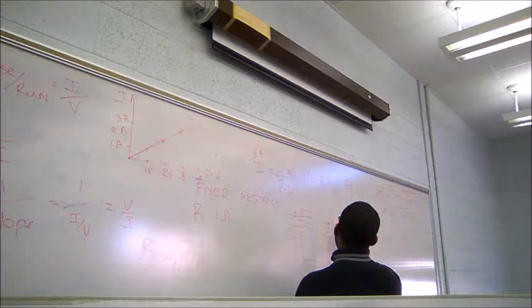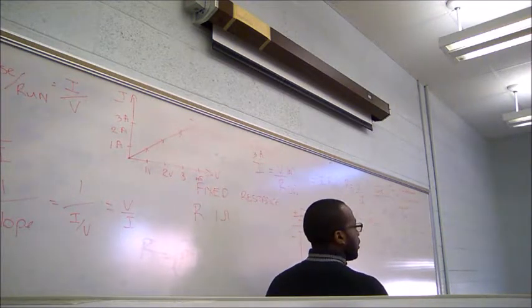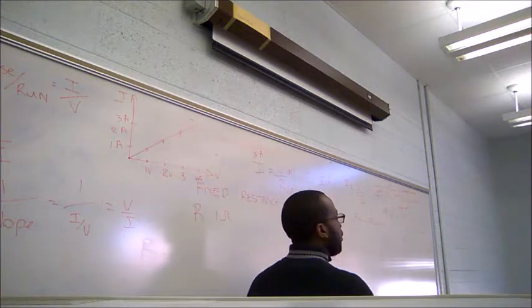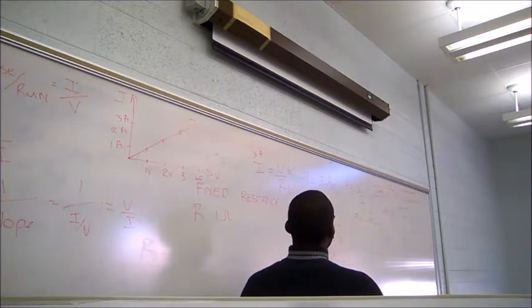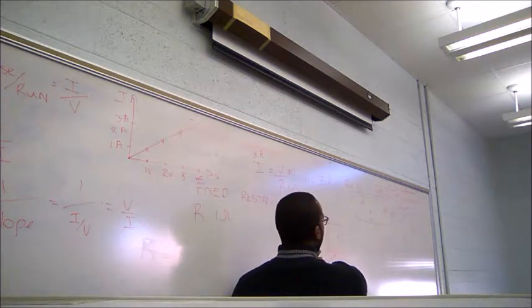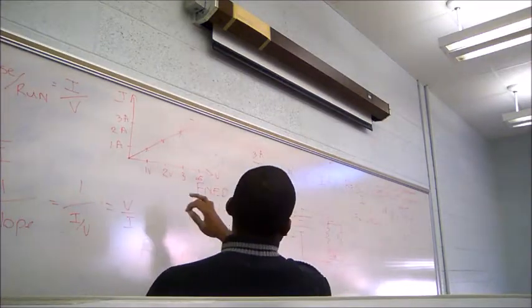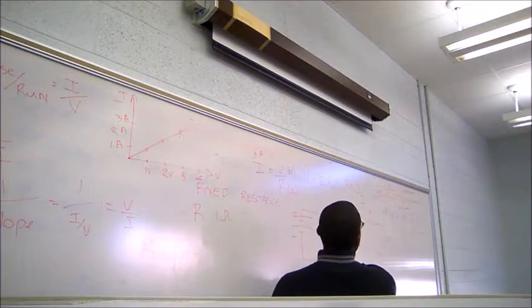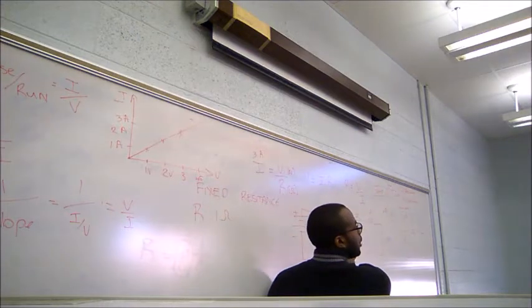This is the positive terminal of the voltmeter, this is the negative terminal. So what are we doing? First thing, we're going to adjust our voltage to how many volts? To 1 volt. And then we are going to record whatever voltage we found.